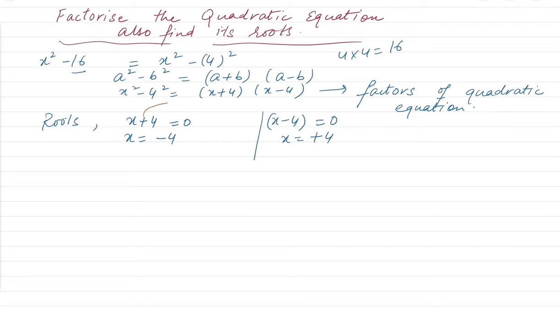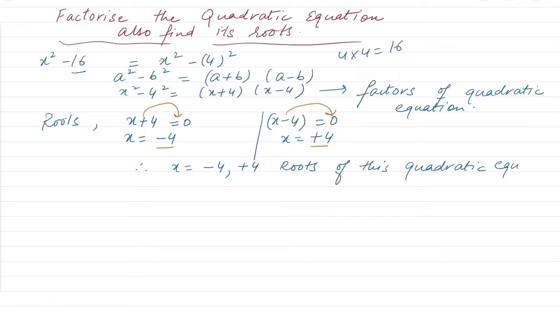When plus goes to the other side of equal to, it will become minus. Similarly, if minus goes to the other side, it will become plus. So x equals minus 4 and 4 are the roots of this quadratic equation. Simple, you just need to learn: for finding the roots, we need to equate the factors to 0.